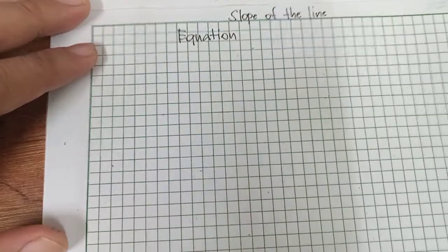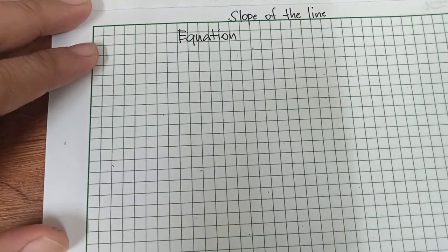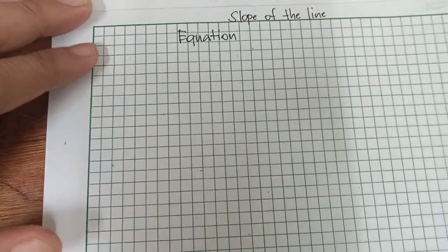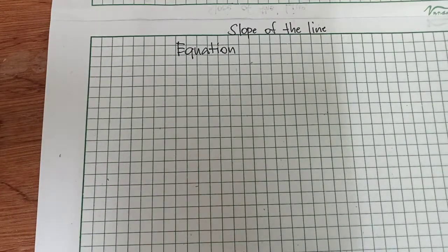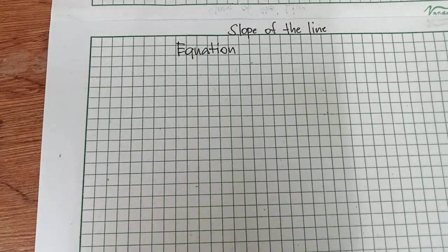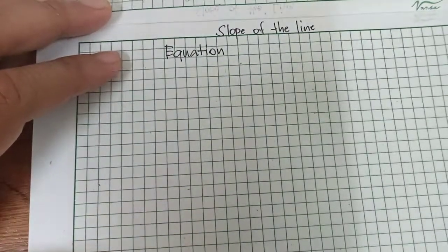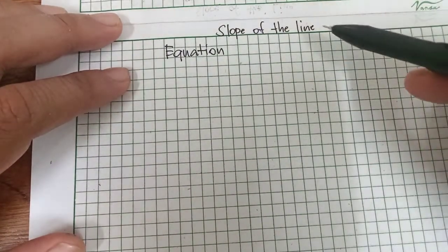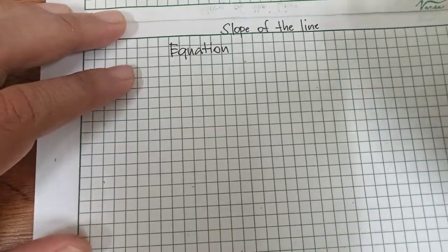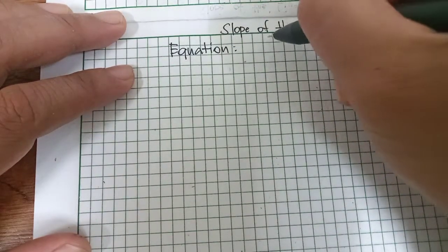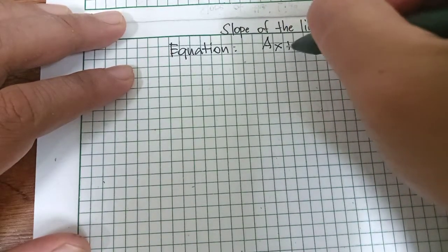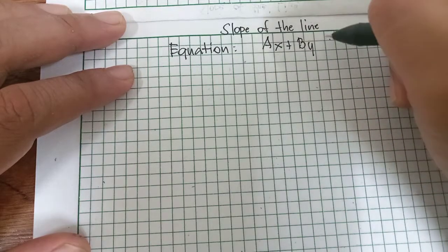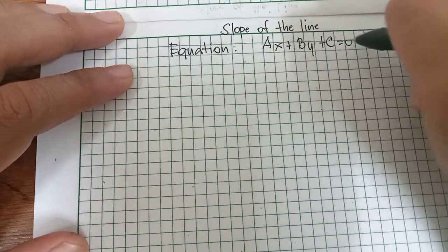In here, actually, we can have another video of this one. In order to find the slope of the line using the equation, we're going to rewrite the standard form into the form y is equal to mx plus b. So remember that our equation is ax plus by plus c is equal to 0.